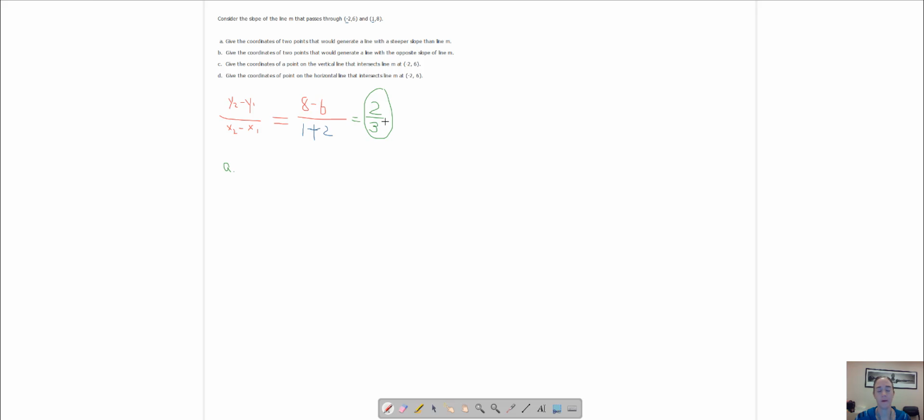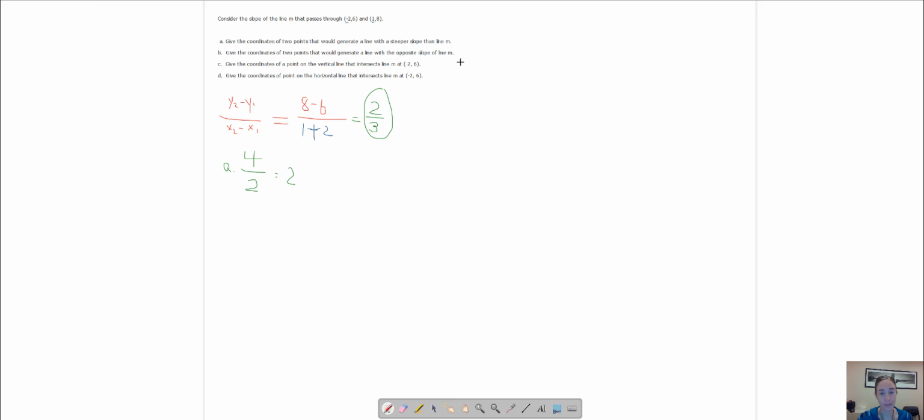If it's going to be a steeper slope, you need to have a bigger number on the top and a smaller number on the bottom than this one. So like if we wanted our slope to be, say, 4 over 2, that's bigger. So that would be the slope that we want.